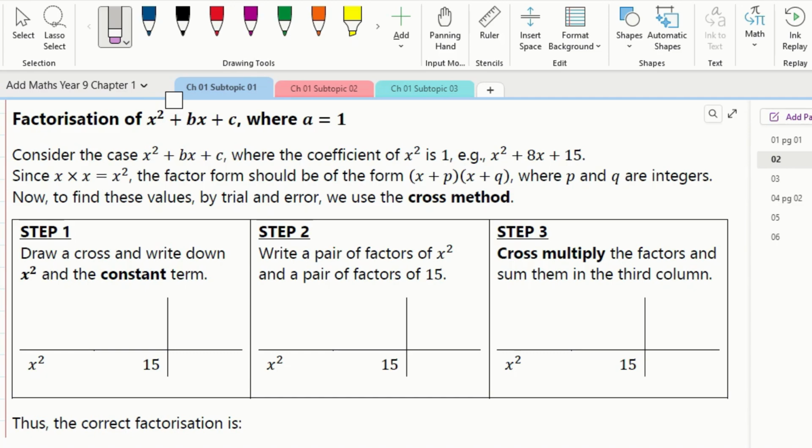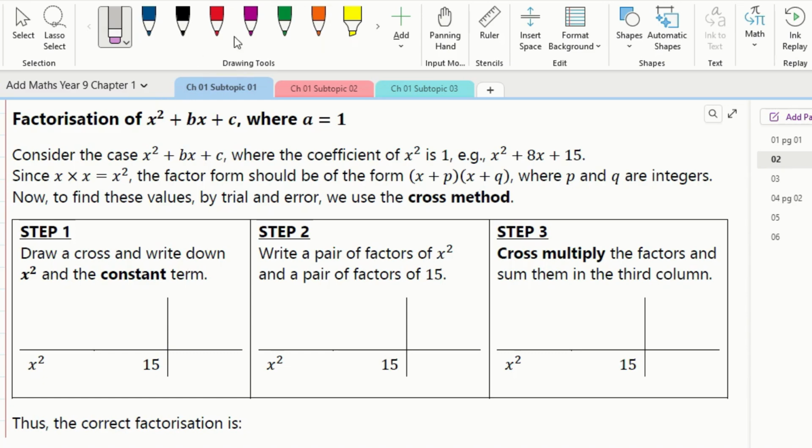For the x squared, it's obvious that the factors are going to be x times x to make x squared. But then the other term that you need to split up into factors is the number c. So here c will be split into factors also.